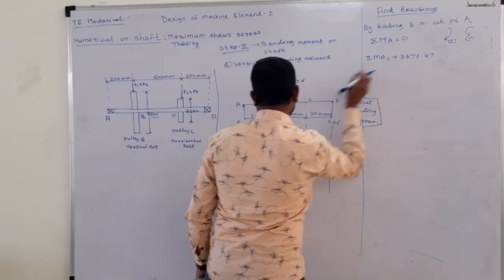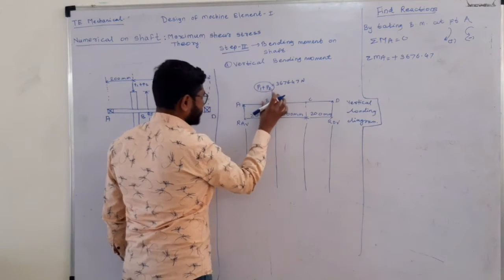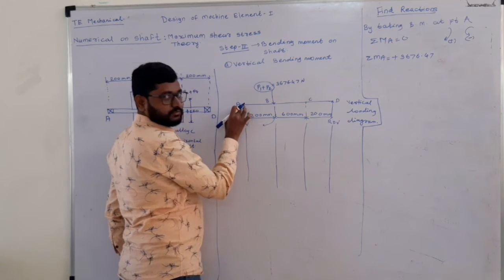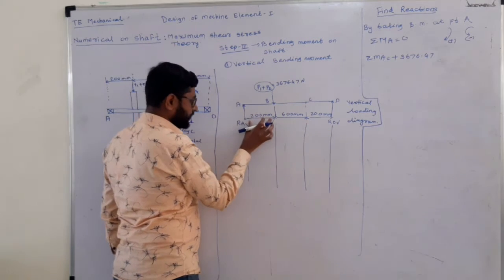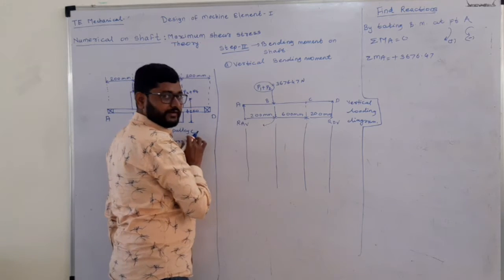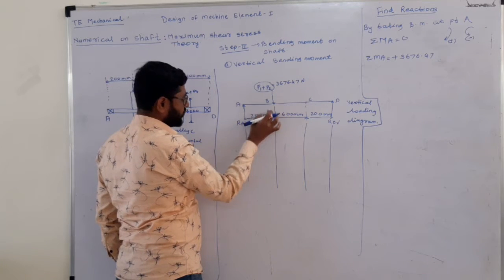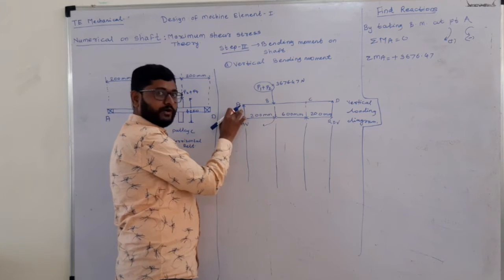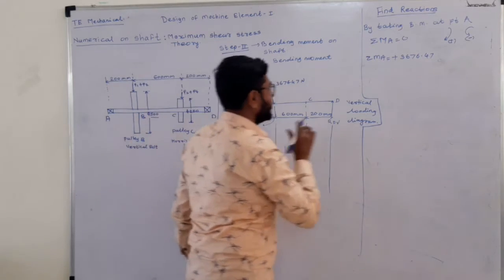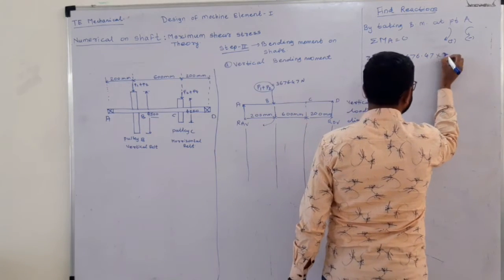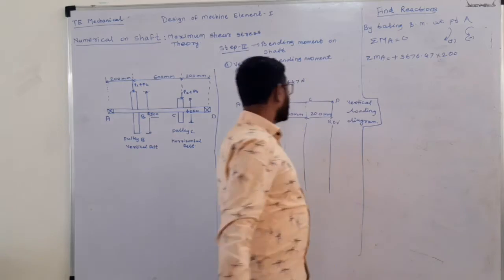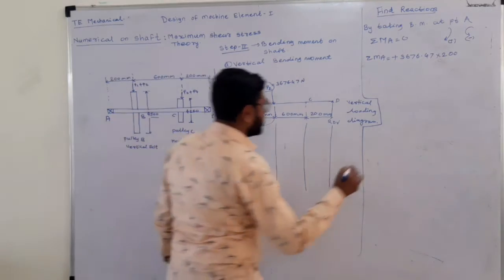Here it is positive because this force is acting clockwise towards point A, into the perpendicular distance between the force and the moment point, which is 200 mm, means into 200.